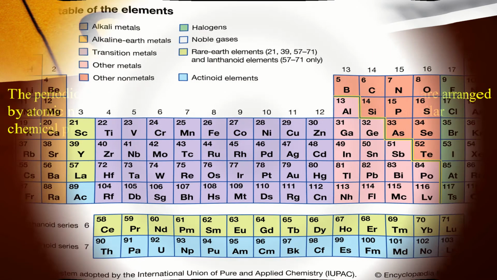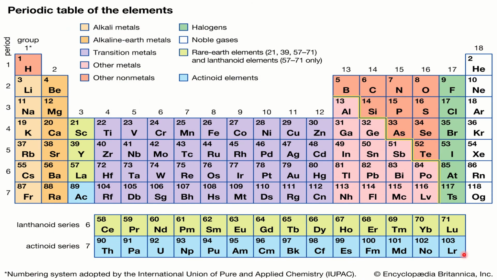Dear students, this is the periodic table. There are a total of 18 groups and 7 periods. There are a total of 18 vertical columns and 7 horizontal lines. This is the periodic table where the elements are arranged according to their increasing atomic number.